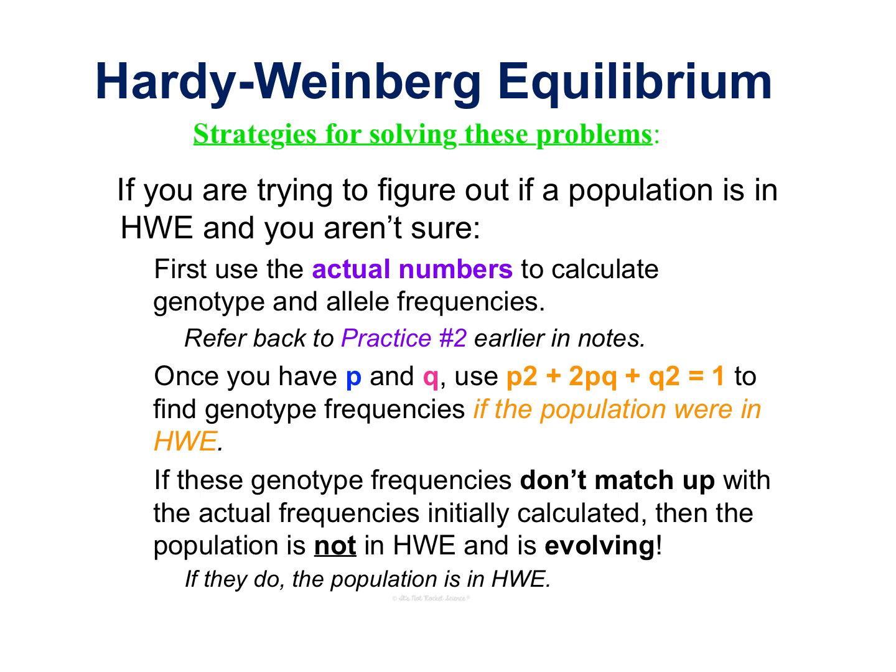And we can use these two equations, and if the genotype frequencies don't match up with the actual frequencies initially calculated, then the population is not in Hardy-Weinberg equilibrium, and that means that this population is evolving. If they do match, then that means that you are in fact in Hardy-Weinberg equilibrium.